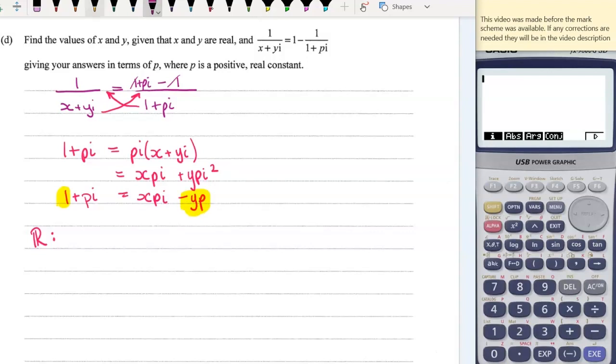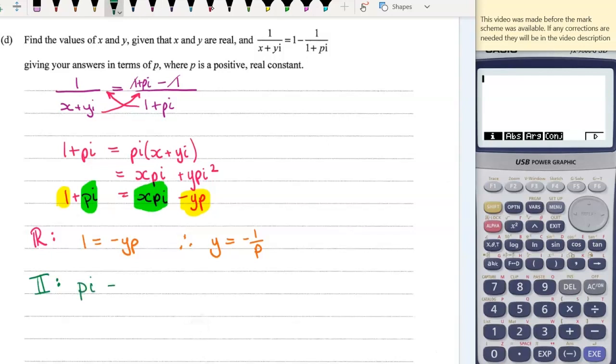So in that case, we have 1 is equal to minus yp, so y is equal to minus 1 over p. And now if we look at the imaginary parts, we have a pi is equal to an xpi.